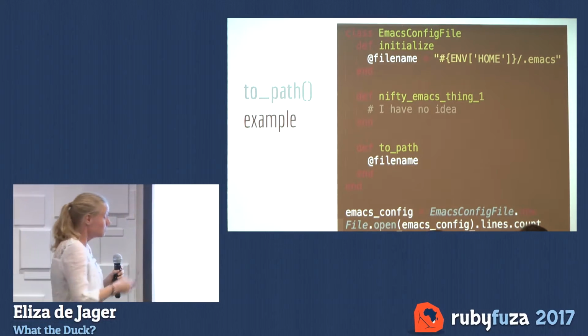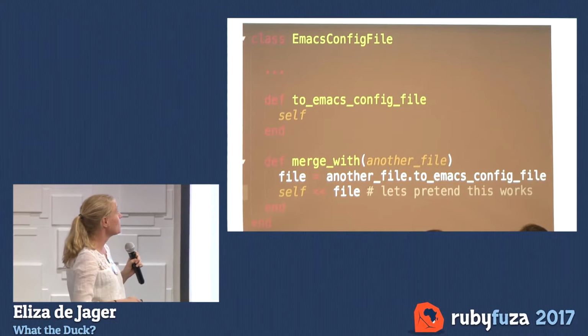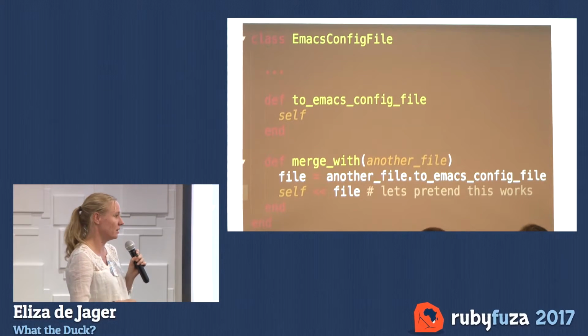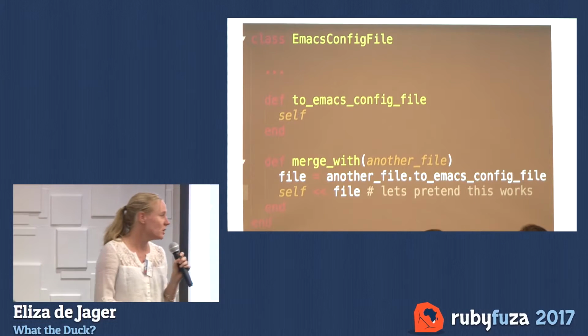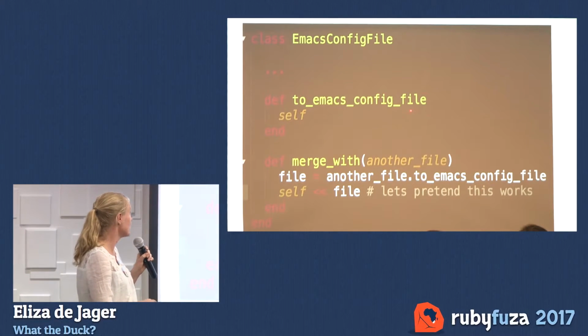Okay, so there's also something else to consider with these conversion protocols, and that is if you have a class of your own, it might be worth defining your own conversion protocol like I did here. So obviously on the class, it's just going to return the object because it's a to-Emacs config file, it's an Emacs config file already.